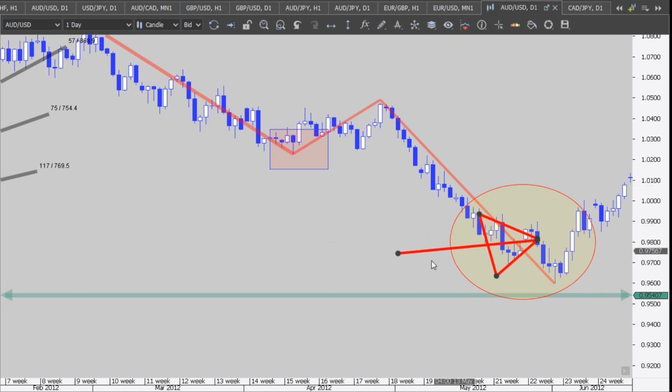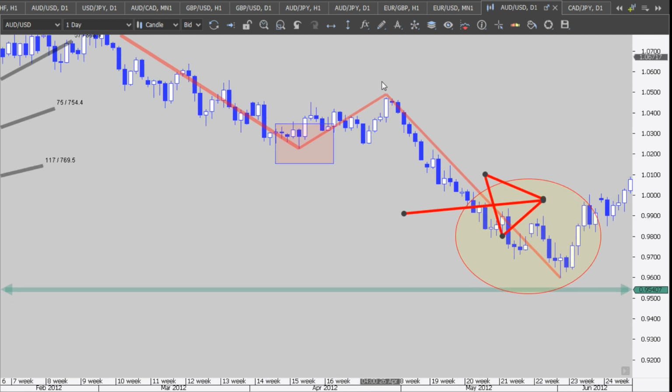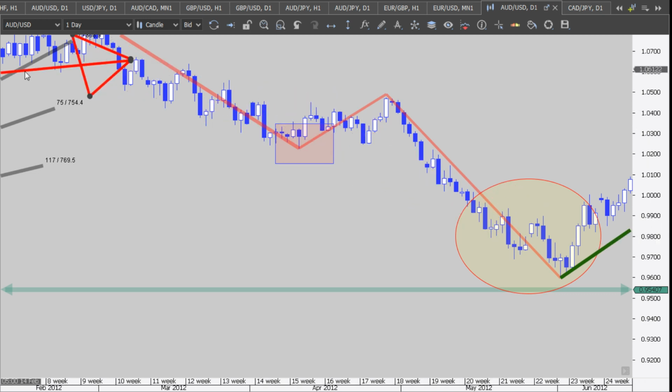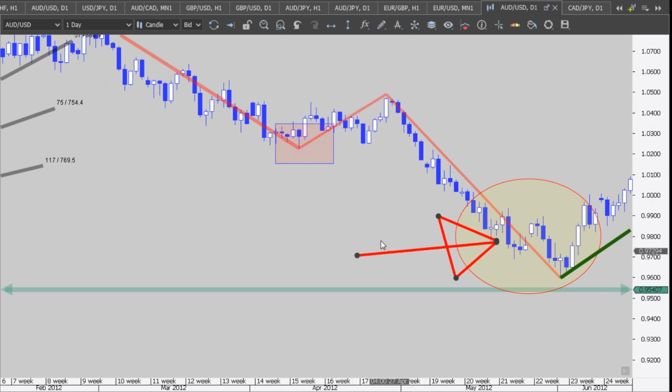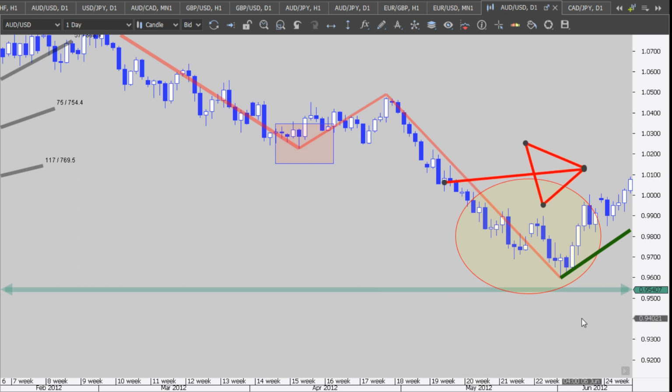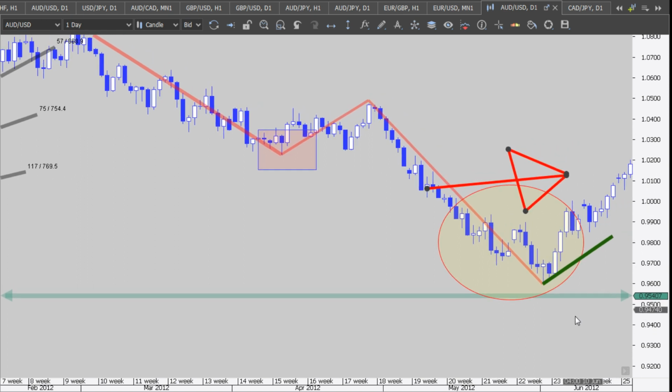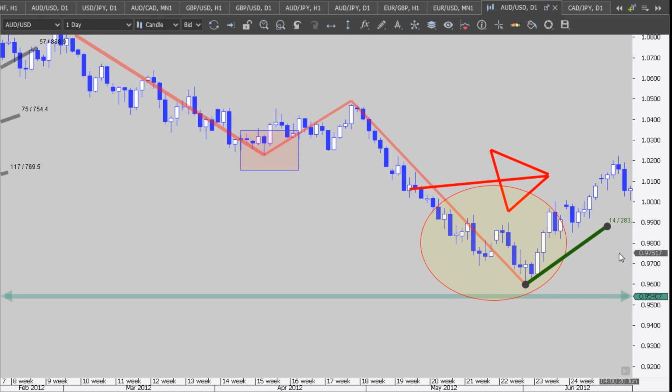Okay, so back to trading. We are going to draw another uptrend line. So we have extension, retracement, extension. We are now monitoring the next retracement, right?